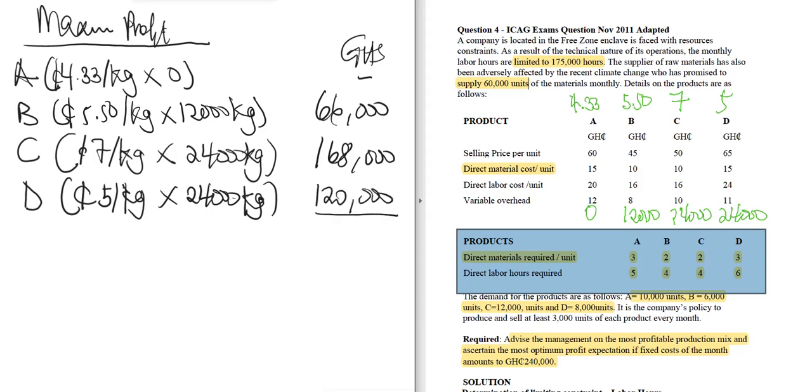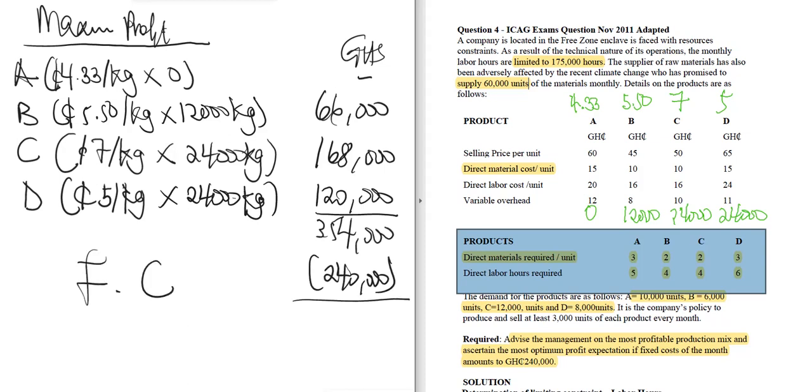If we add everything here, 120,000 plus 168,000 plus 66,000, that gives us 354,000. Also 354,000 as our total contribution. Then less our fixed cost of 240,000 also, and that gives us what? Fixed cost. So that still gives us our 114,000 as our maximum possible profit. So that is it.